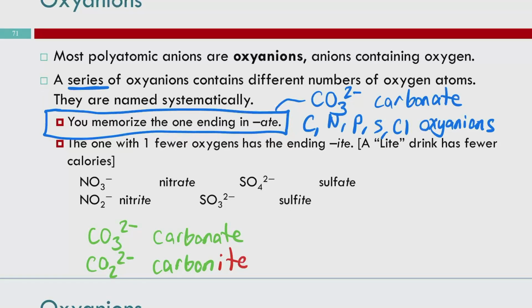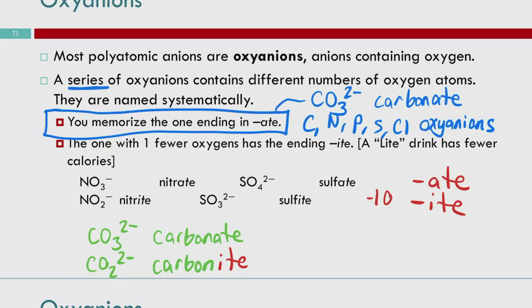Other examples include nitrate. The ATE ending, this is the one that you'd find on your oxyanion table, NO3 minus, nitrate. If you take one oxygen off, now you're NO2, still 1 minus, and we've changed the ending to ITE. So ATE, and then just below it, ITE.